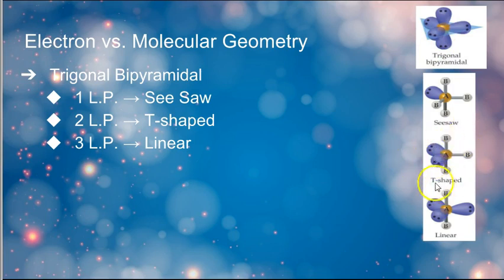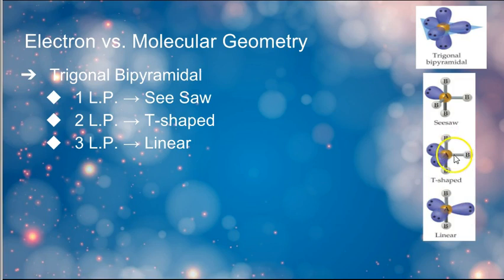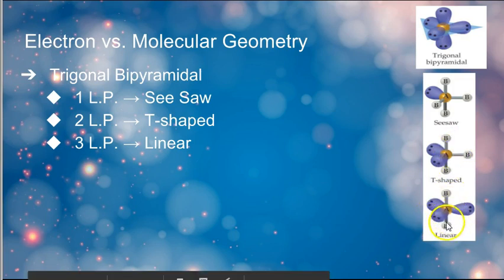Same thing with T-shaped. If we have 2 lone pairs, then we have essentially a T. Imagine this rotated 90 degrees. And then linear. Now, the lone pairs repel each other more than the bonds do, and so the lone pairs take this 120-degree location, whereas the atoms take the 90-degree angles. So we have a 90-degree angle here, but 120-degree angles between these.